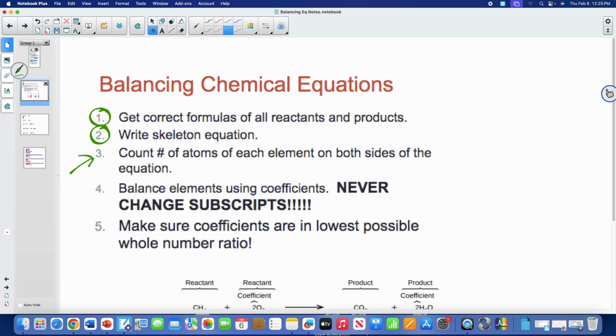Never change the subscripts. Because what happens if you change the subscript? You change the number of molecules being bonded, which means you change the substance, which means you don't have the same reaction anymore, right? So we only change coefficients, never change subscripts.